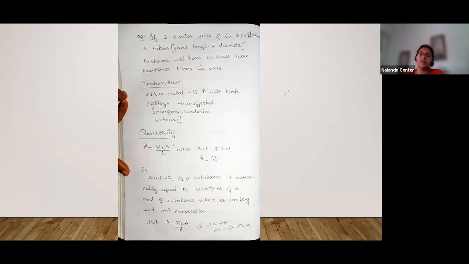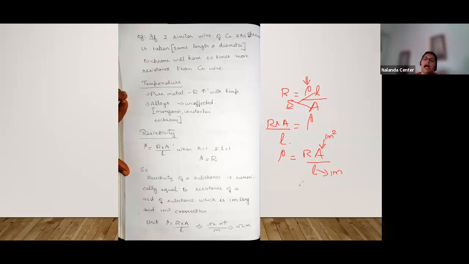What is resistivity? If you see the formula, R is equal to rho into L by A. From this, rho is equal to R into A divided by L. Now, if you take a conductor with area of cross section as 1 meter square and length as 1 meter, then my specific resistance is equal to my resistance.